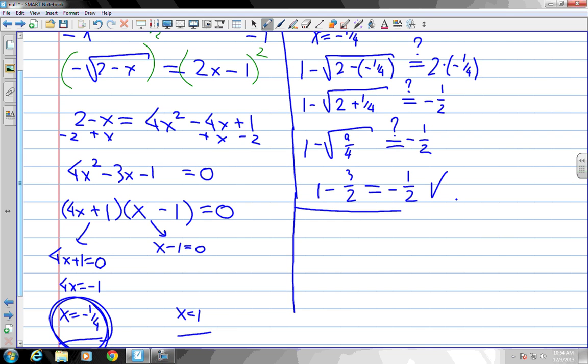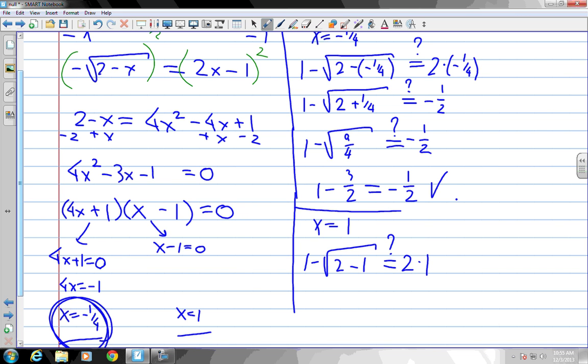Right? And again, how you do your check, it's up to you. I mean, you don't have to follow those steps to a T. Just plug in, see whether both sides balance. But when I take x equals 1, and I plug it back into the original problem, right?